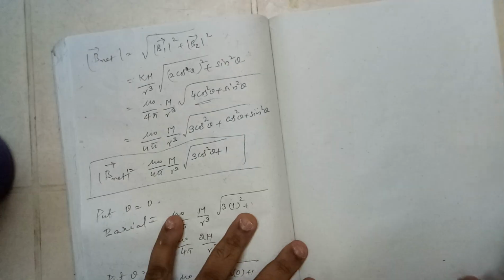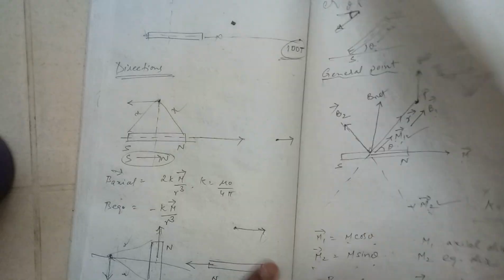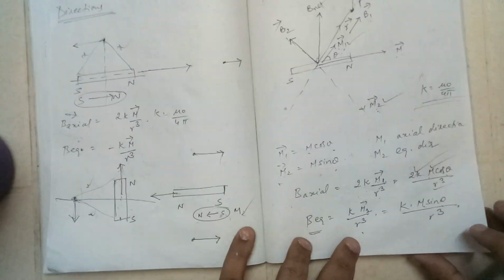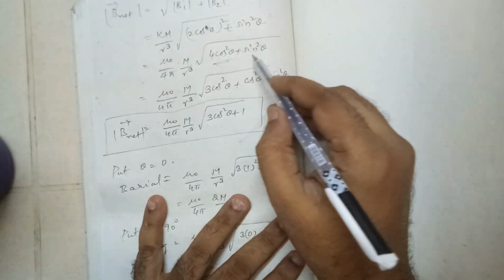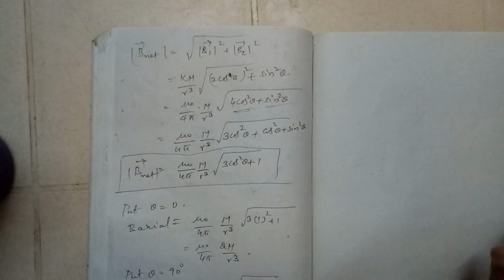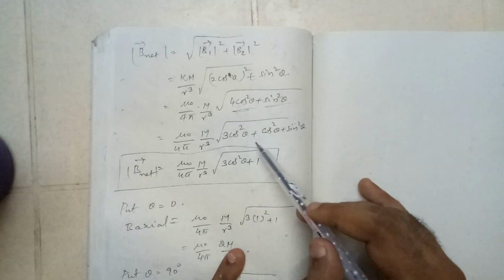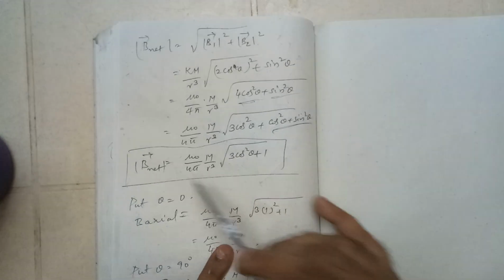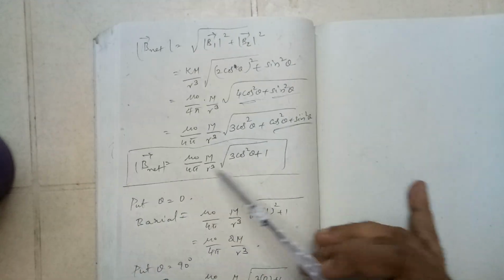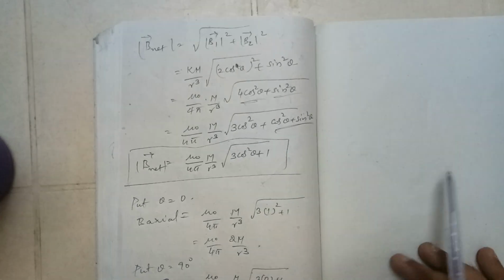So 2 cos theta square will be 4 cos square theta, plus sin square theta, since there is a sin theta in the equatorial. If you break 4 cos square theta into 3 cos square theta plus cos square theta, we know that cos square plus sin square is 1. So the expression becomes b net equals mu naught by 4 pi into m by r cube into root over 3 cos square theta plus 1.